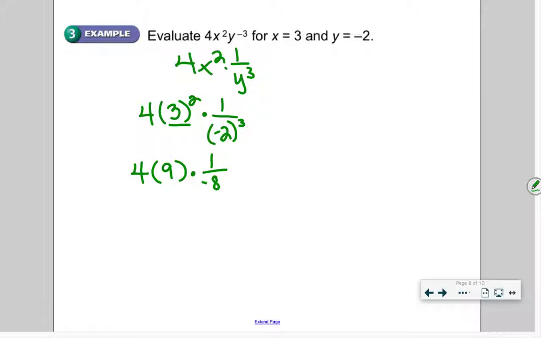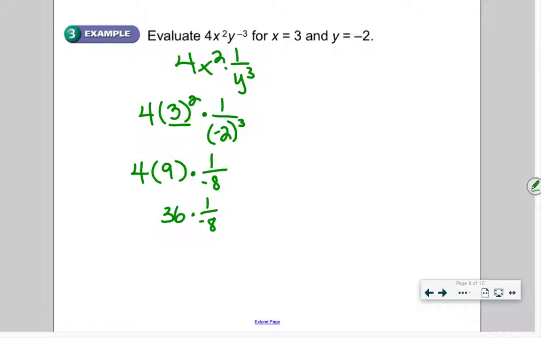So it's 4 times 9 times -1/8. Still have that 4 in front. Multiply left to right. 4 times 9 is 36, times -1/8.